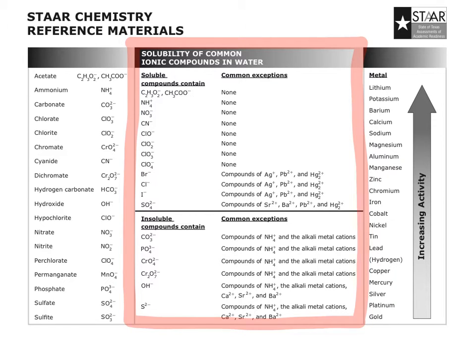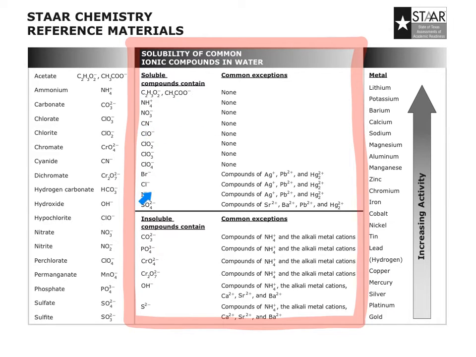And what you're really looking at is a list of soluble compounds, and it shows you a bunch of negatively charged ions here, and it gives you some exceptions too. So we've got acetate or acetic acid, we've got ammonium, nitrate, similar to our polyatomic ions listed here. And then it'll tell you, and I'll explain this a little bit more, what some of the exceptions are.